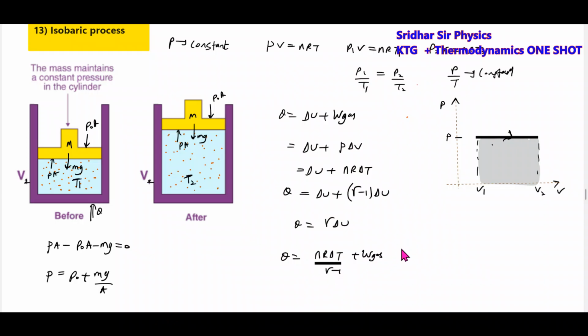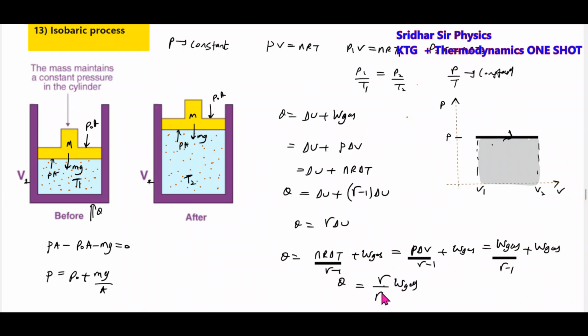Work done by the gas, nR delta T will become P delta V. P delta V will become work done by the gas. Gamma by gamma minus 1. This is one basic relationship.